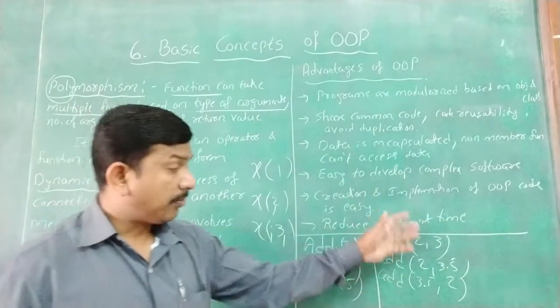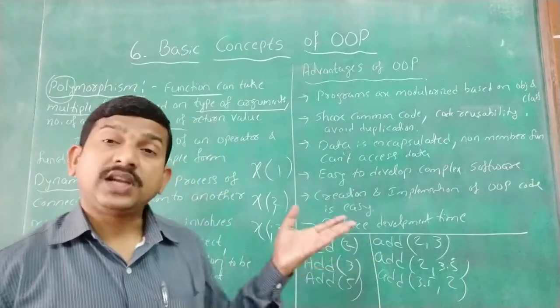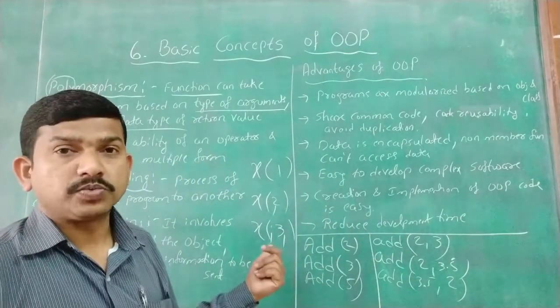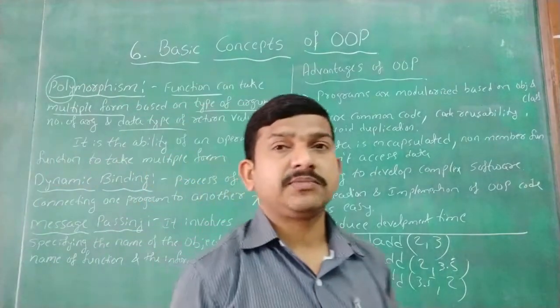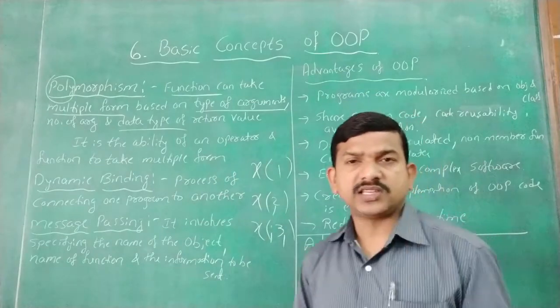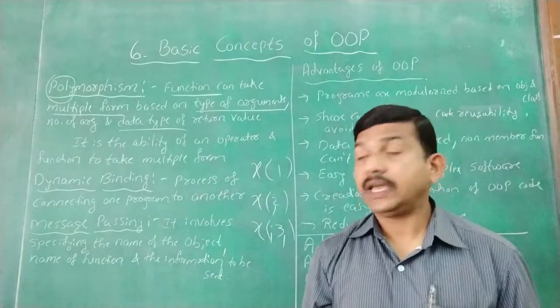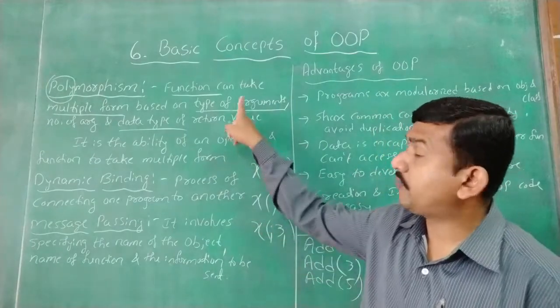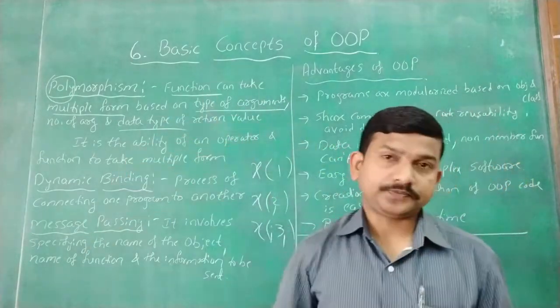The number of arguments is the same, but the type is different. So it is also possible in OOP, and that is nothing but polymorphism. The same function can take multiple forms, based on the number of arguments, the type of arguments, or the return value type.